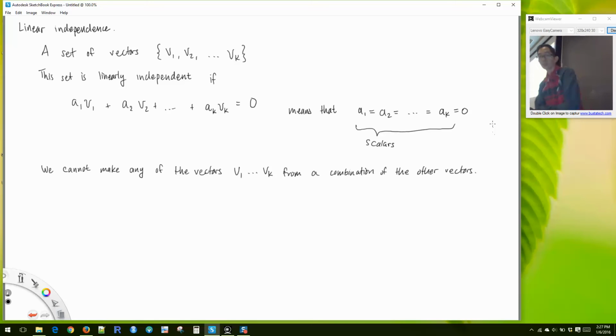The only way we can get the vectors to add up and cancel each other out is by forcing all of the scalars in front of them to be 0. And that means our set of vectors would be linearly independent. Okay. Is that all right?